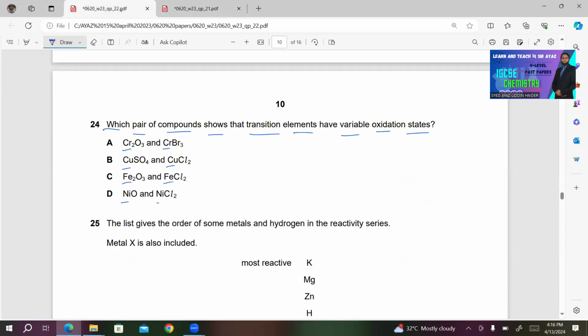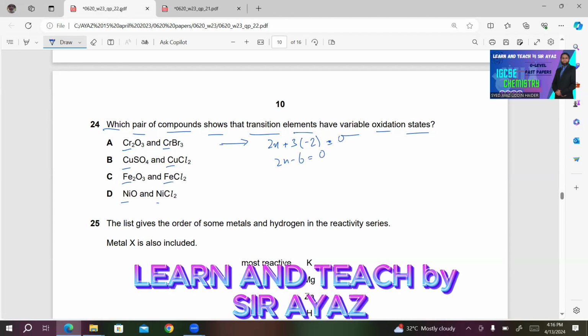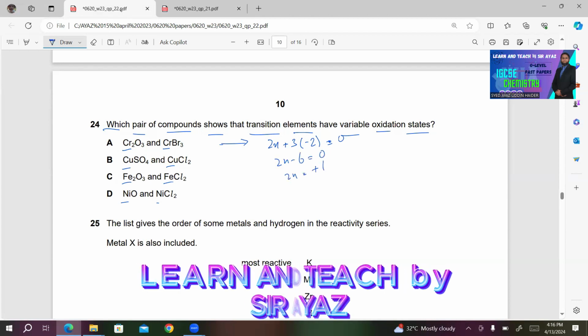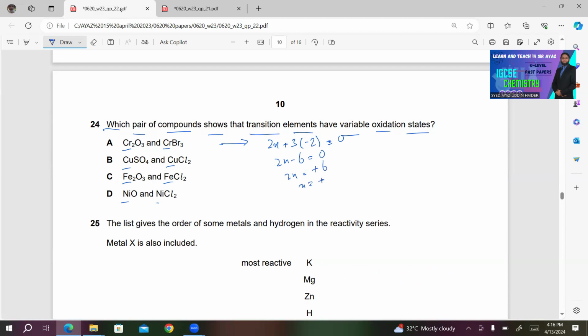So Cr2O3. So we have 2x plus 3 multiplied by -2. Overall oxidation state is 0. So we'll get 2x minus 6 is equal to 0, or 2x is equal to plus 6, x is equal to plus 3.